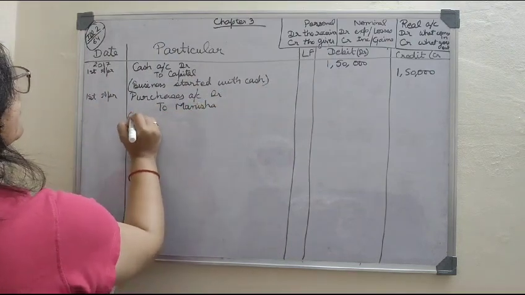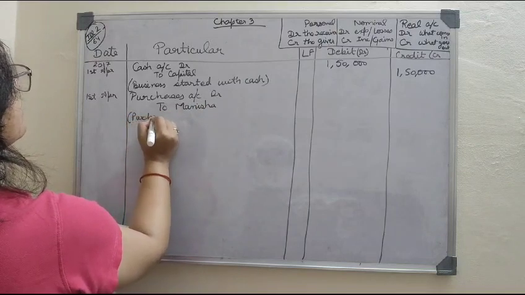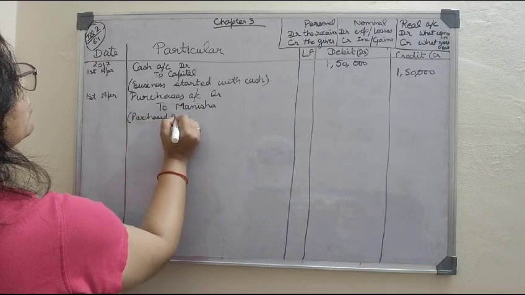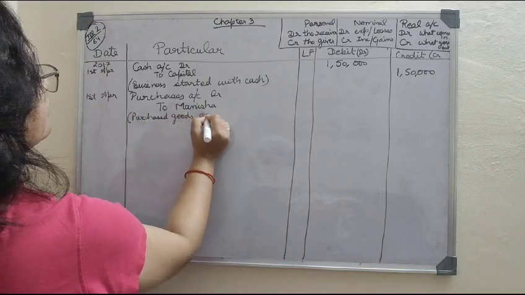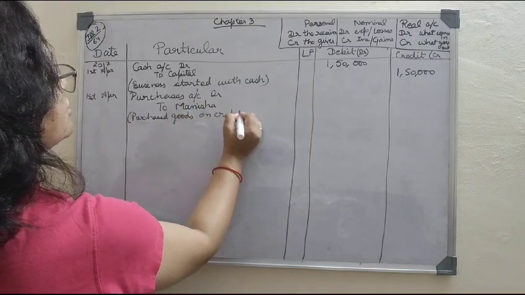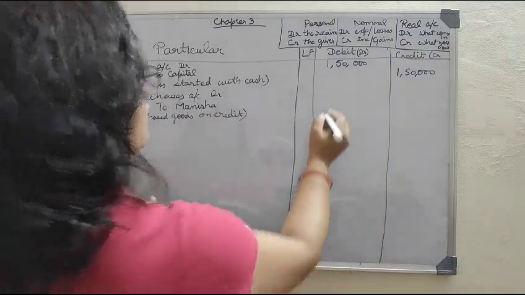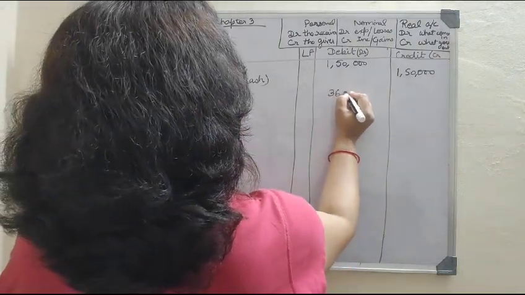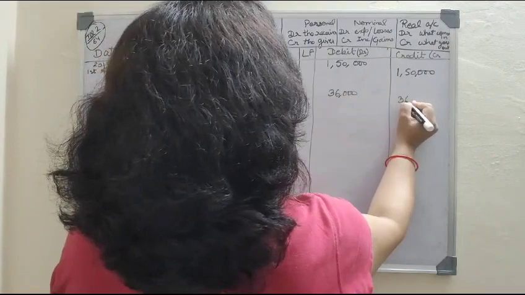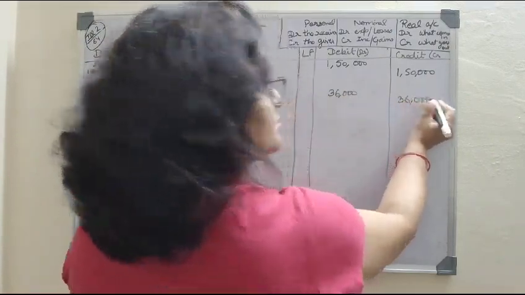So we have purchased goods on credit. So over here I have mentioned in narration why this entry is done. Goods are purchased for 36,000. Any doubt you have, you can please ask in the description box. I'll try to clear it, right?